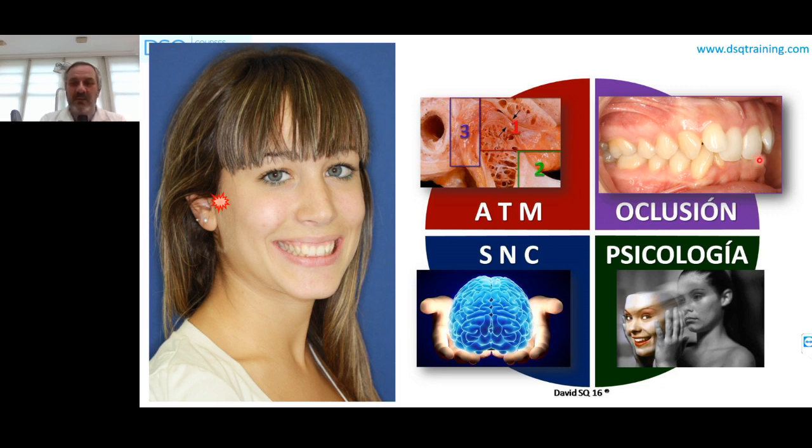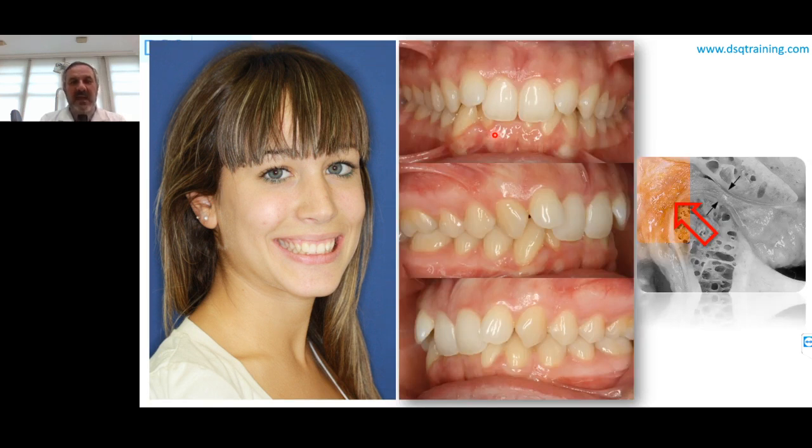When you have an occlusion like this with the upper incisor in a retro position, the main problem of this patient is the compression of this area. For this reason, my hypothesis in this patient is that maybe the retrodiscal problem is due to the retroinclined position of the upper incisor.